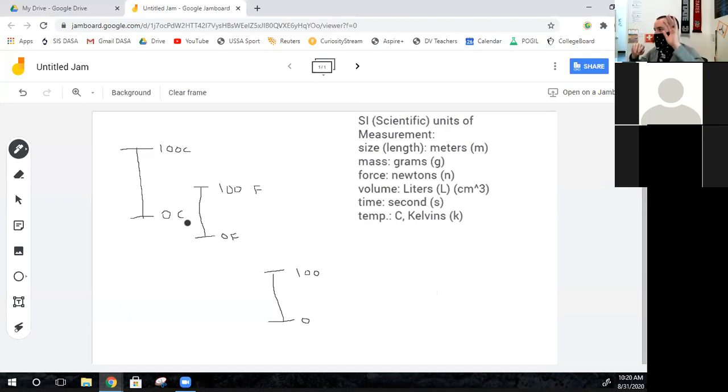But we're not going to deal with Fahrenheit because it's idiotic. Why did they choose for 30 degrees Fahrenheit to be where water freezes? So what is Fahrenheit based on? Fahrenheit is based completely on human comfort level, which is completely subjective, right?